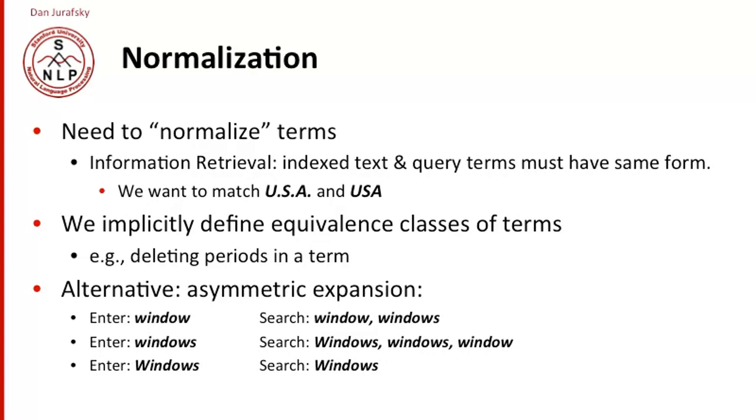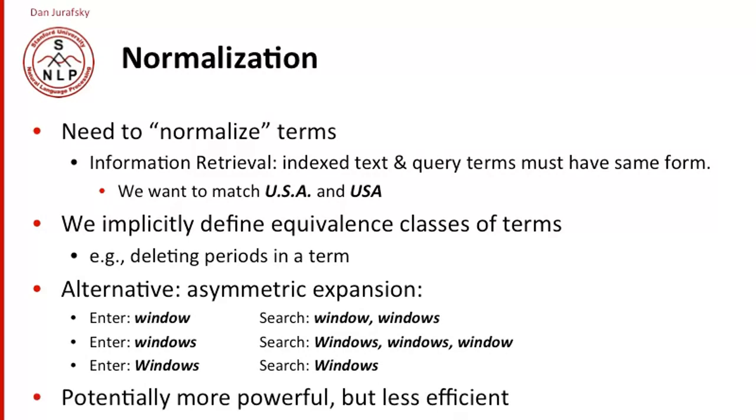But if I enter capital W Windows, I might only want to search for capital W Windows because the person's presumably looking for the product and not the part of your house. And this is a potentially more powerful algorithm, but less efficient and much more complicated. So in general, we use symmetric and relatively simple expansions.